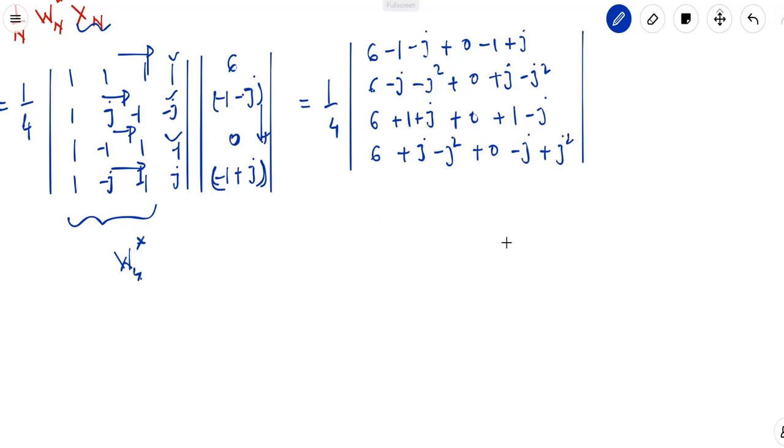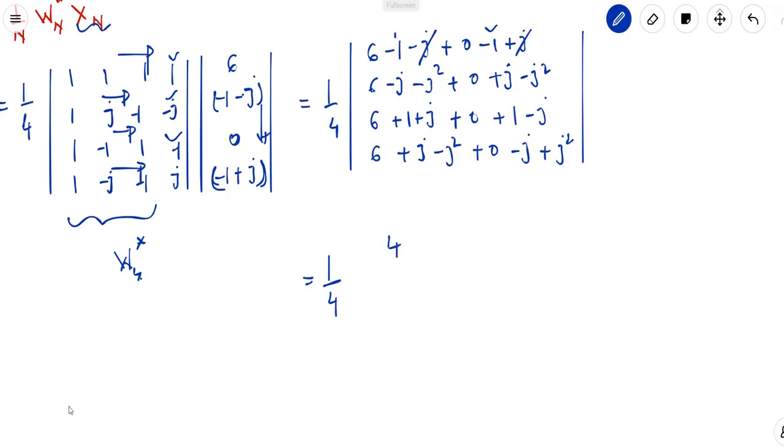So we will rewrite the values here. This is 1 by 4. If you see, this minus j and this plus j will get cancelled. What you have here is 6 and minus 1, so 6 minus 2 becomes 4. So the first value I'm going to get is 4.